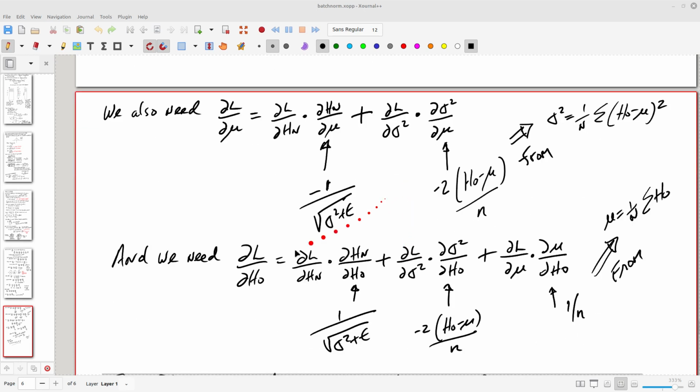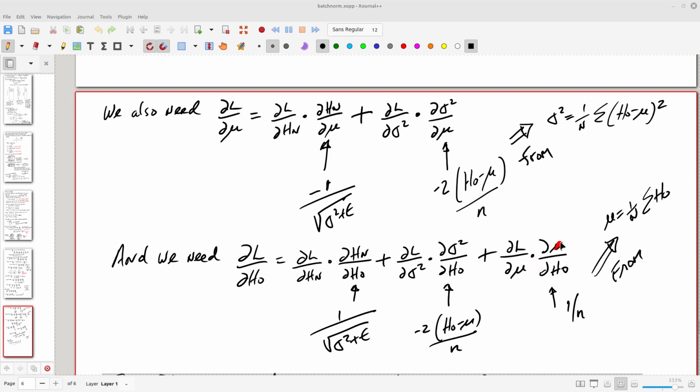And then we need to get DL DHO, which is the loss with respect to our first linear layer from the very, very beginning of the forward pass. And that becomes 3 different components all added up. DL DHN times DHN DHO, which is this here. DL d sigma squared times d sigma squared DHO, which is the derivative there.